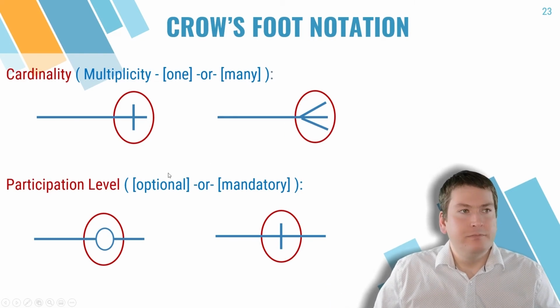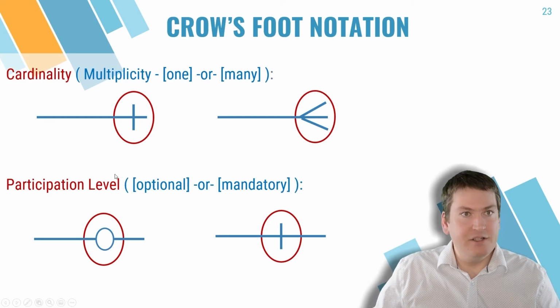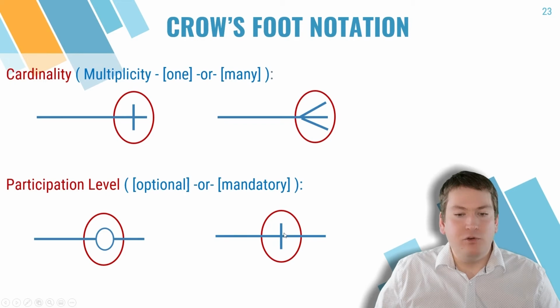When we talk about participation, that's denoted by two symbols as well, and we can either have optional participation or mandatory participation. Optional is defined with a 0 or a circle, and mandatory is defined with a line. You can think of that as a 1.